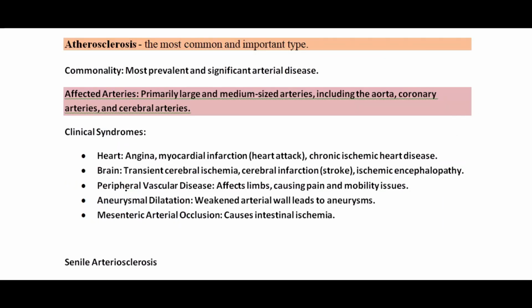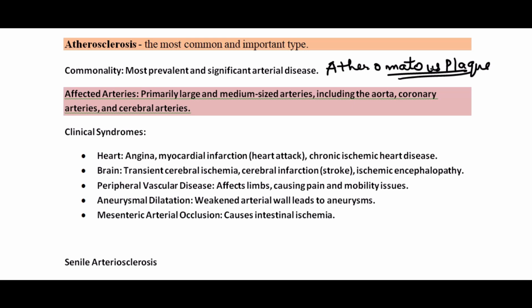So what are the features of atherosclerosis? Atherosclerosis is the most common type. The primary arteries affected are the aorta, coronary arteries and the cerebral arteries. So there is formation of atheromatous plaque.